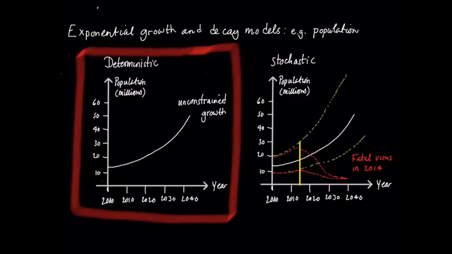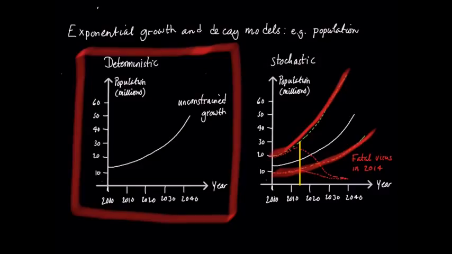A more realistic model would be a stochastic model, as shown on the right-hand side. As with the kinematic equation, the stochastic model has boundaries, or an envelope, in which the solutions would lie. So here we have an upper boundary and a lower boundary on the population growth for the rabbits.